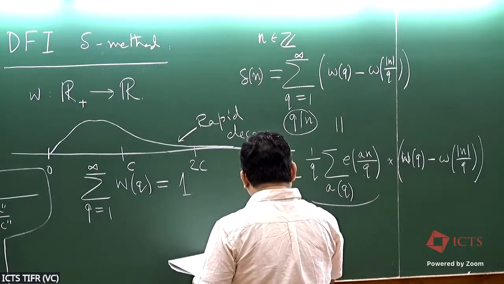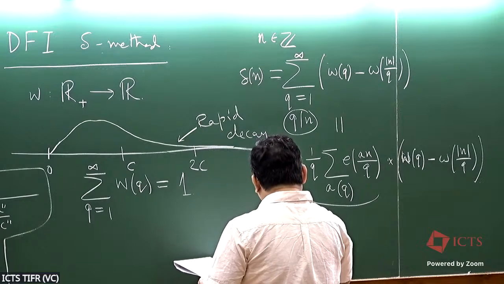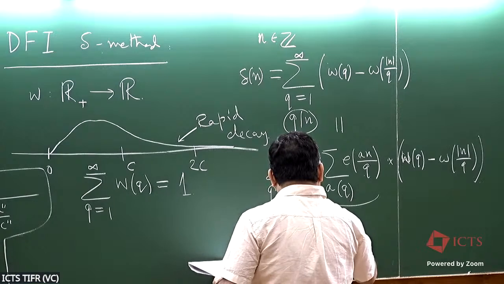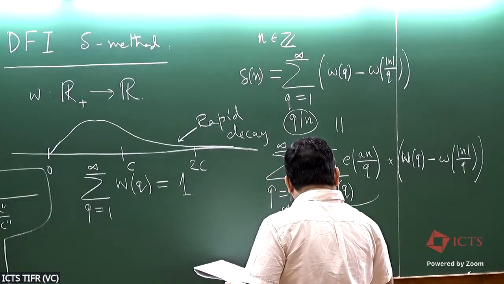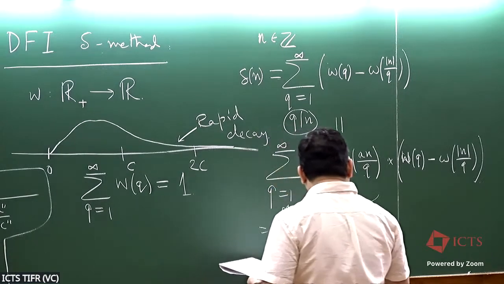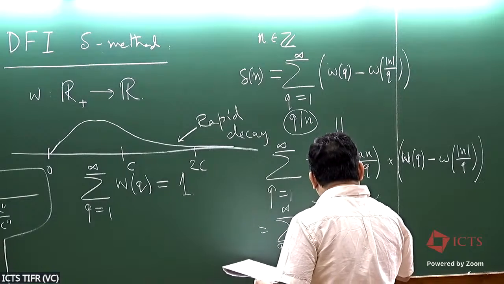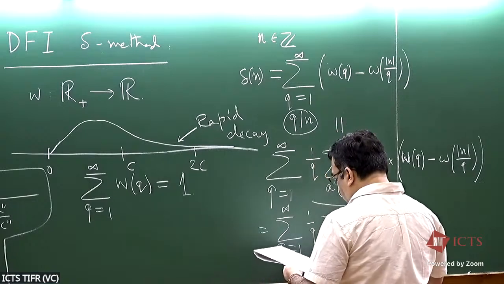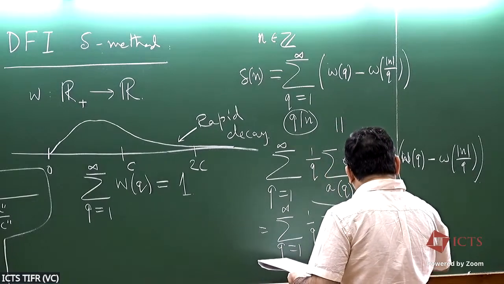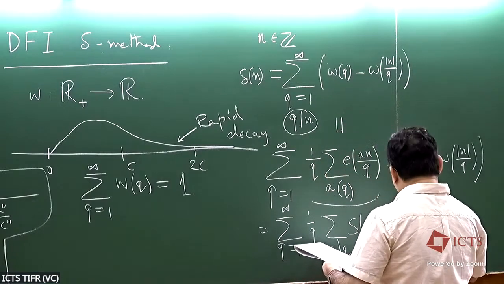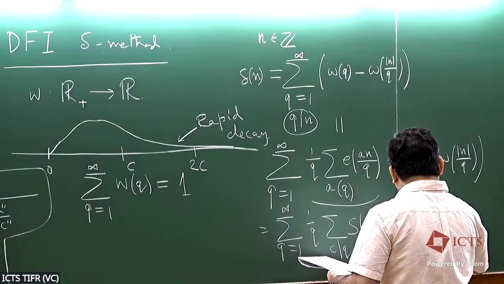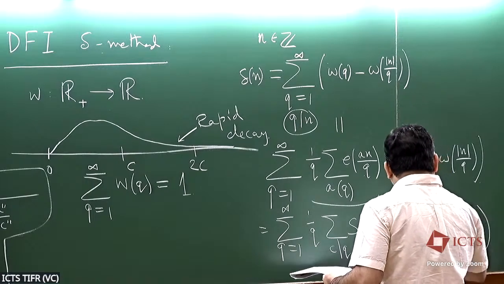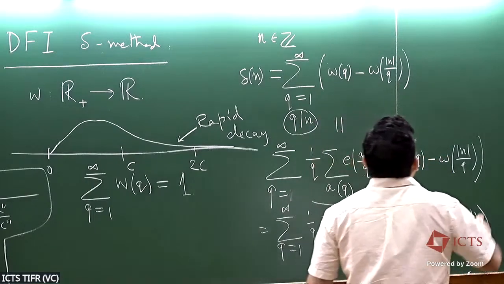And then you are just left with this sum. You have the sum over q from 1 to infinity of 1 by q, and then a sum over c modulo q. So this is taking care of the GCDs. And then you have the Ramanujan sum, which I'm going to write as S(0, n; c), and then we have w(q) minus w of the absolute value of n by q.